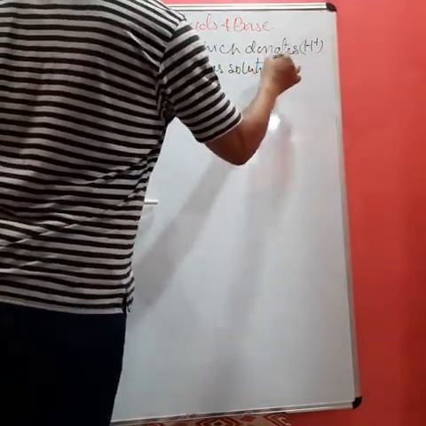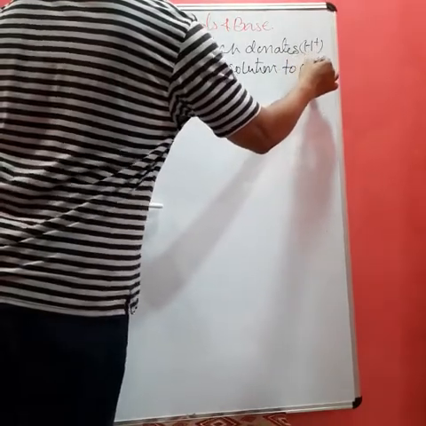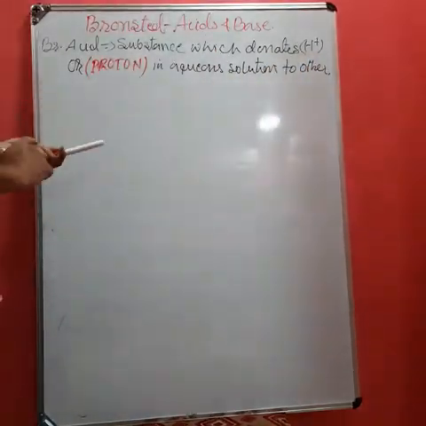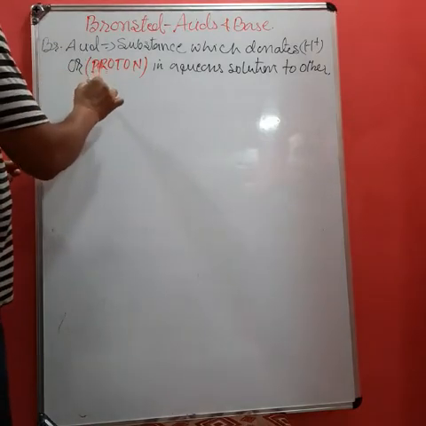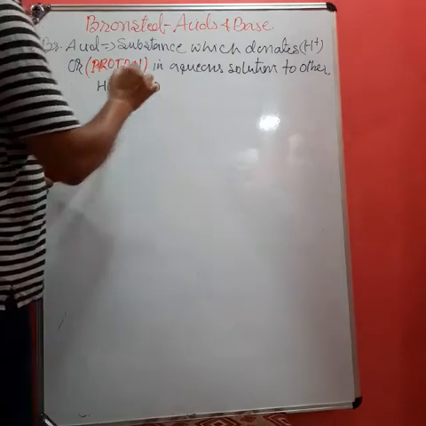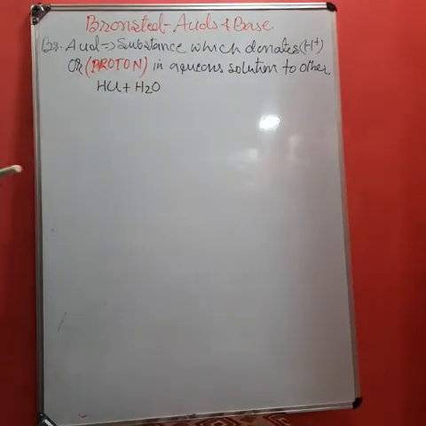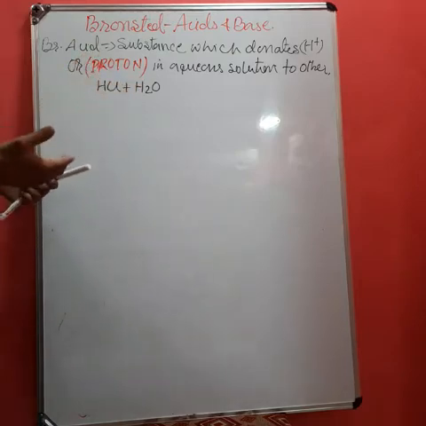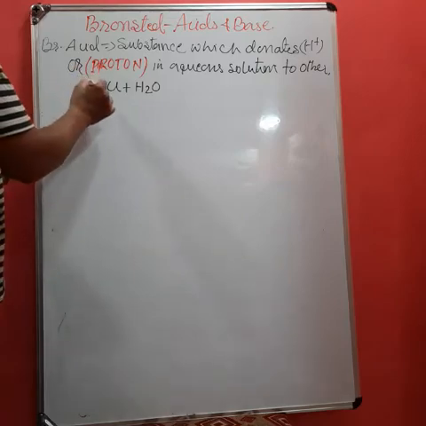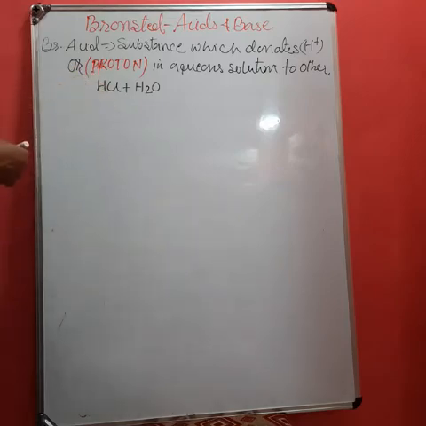Okay, such species are called what? Acid. Like HCl when added to water. Now student, HCl is a highly polar molecule. Due to this, the H is not satisfied with Cl.